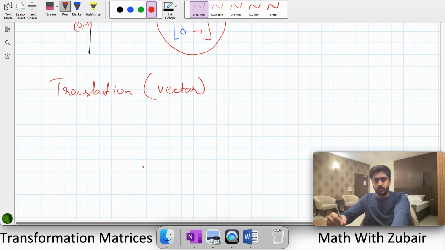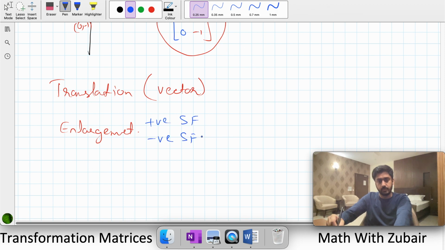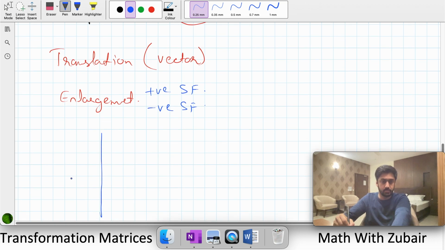So now enlargement. In enlargement, we have a positive scale factor and negative scale factor. It makes no difference what we are going to solve. The method is same for both. So consider this square x1, y0.